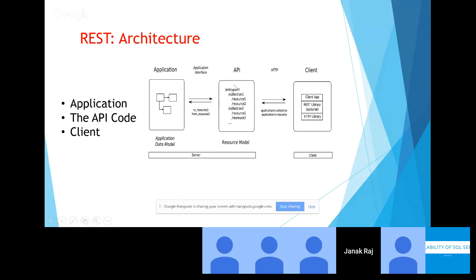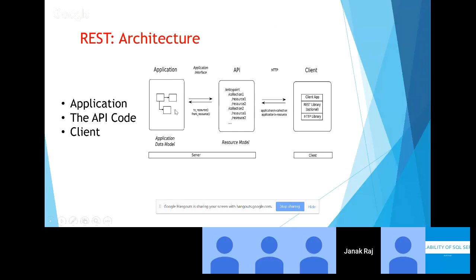This API accesses the application state, as well as the operations on that state by the application.